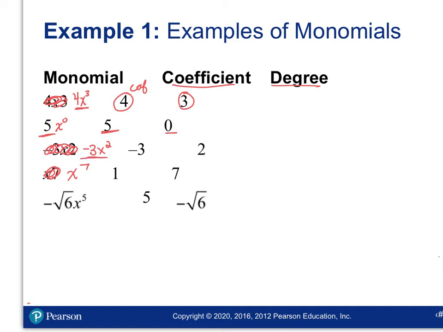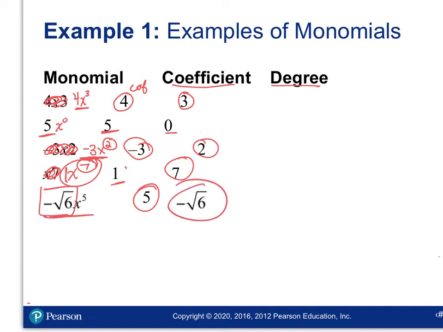In the third one here, -3 is the coefficient, and the degree is 2. In x to the 7th, 1 is the coefficient, because there's a 1 here, and the degree is 7. In question number 5, the degree is 5, and the coefficient is the negative square root of 6.